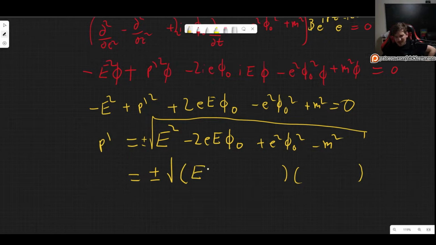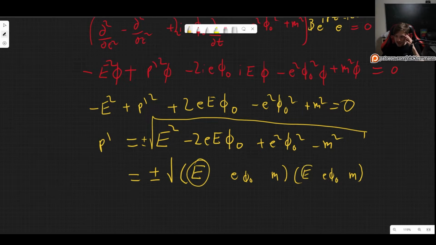Well, maybe not a polynomial, but anyways, both of them have all of these terms, E, phi 0 and m, but the question is, what are the signs? Because this already has a 2, it really looks like the multiplication of these 2 things. But let's see, what are the signs?